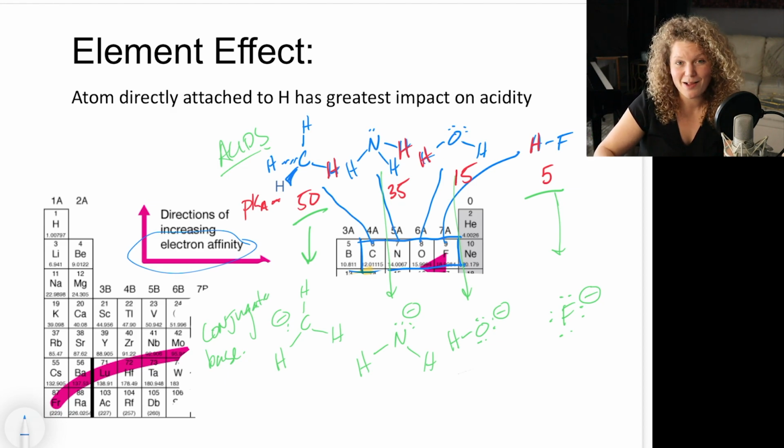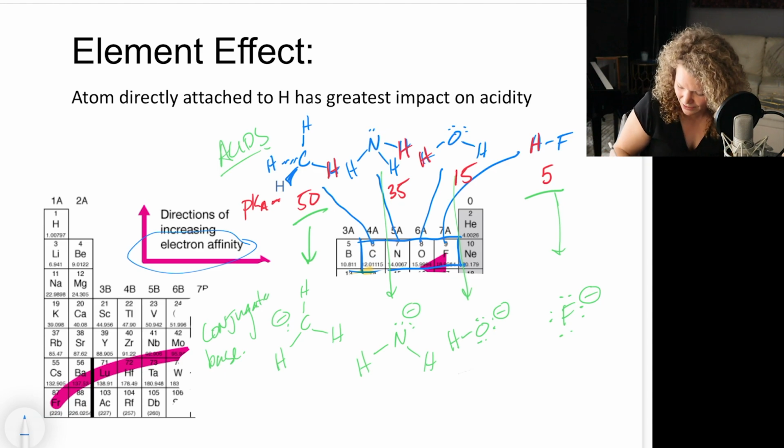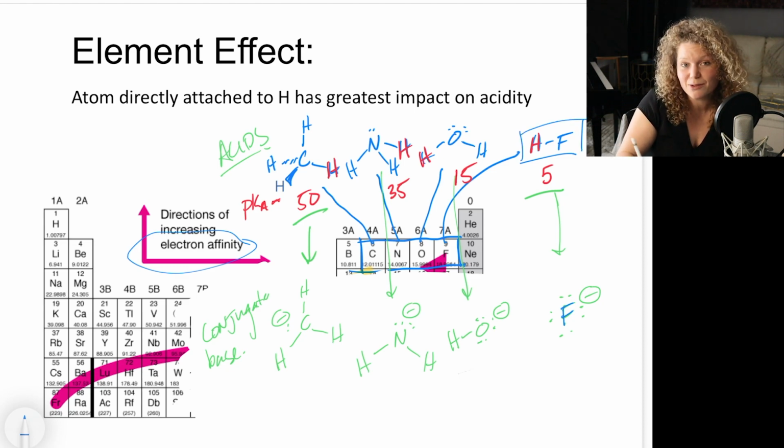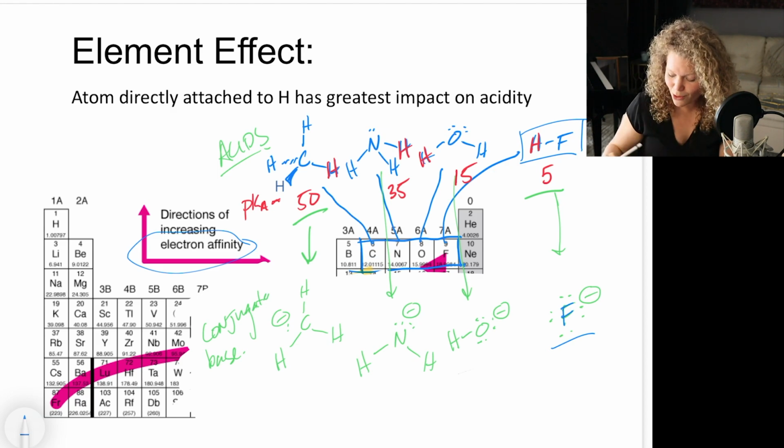If this molecule loses a proton and it now has more electrons, is it okay? Is it stable? Is it happy with the negative charge? HF is more likely to lose that acidic proton than the other 3 options here because fluorine is really electronegative. It wants electrons, so it's totally happy with having a negative charge.